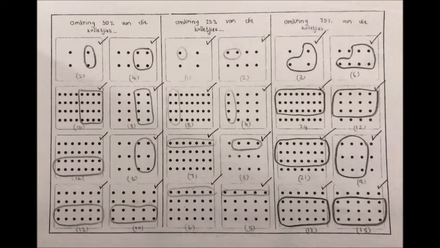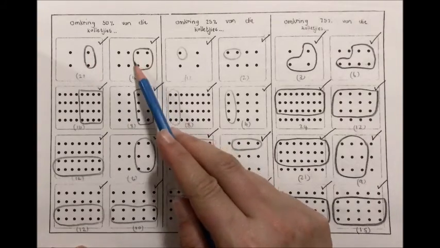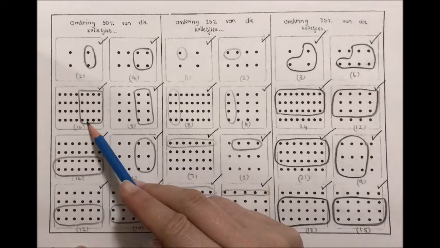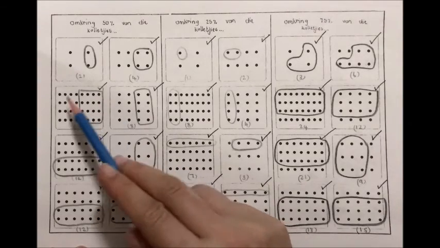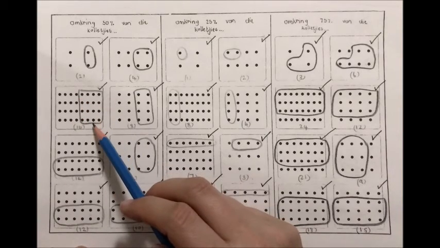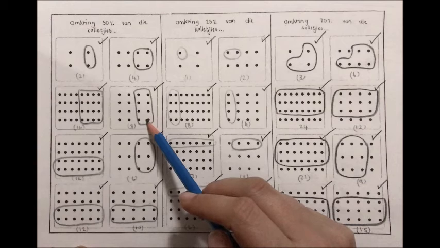So for the first one, they ask 50%, which is again a half. Here you needed to circle 2 dots, 4 dots. Here you've got 16 out of the 32 dots. You had to decide how many was there in total and then what was half of that total. So it's 16. Here you've got 8.